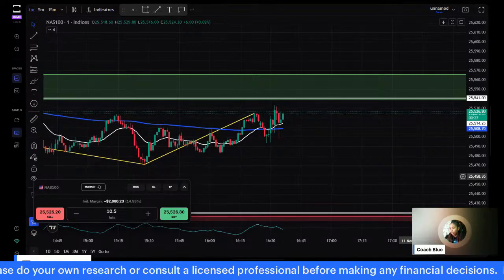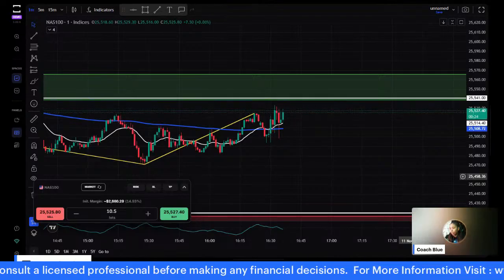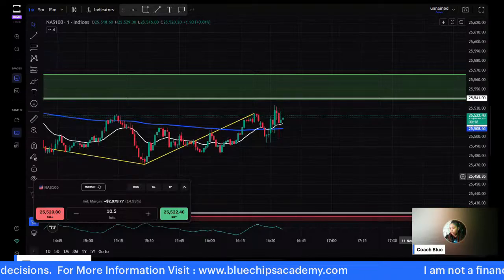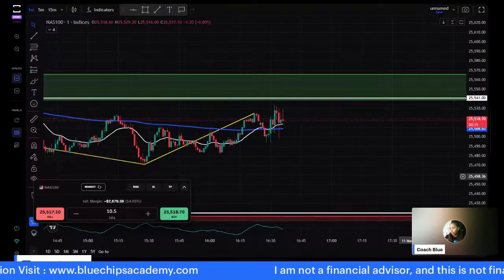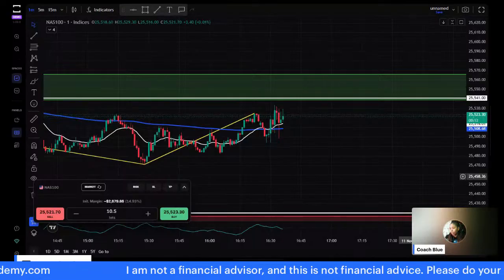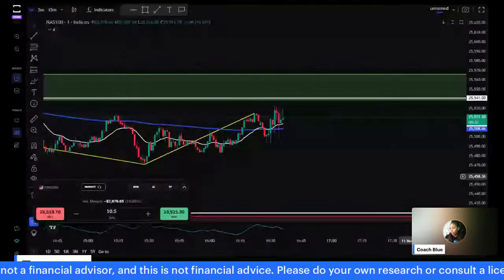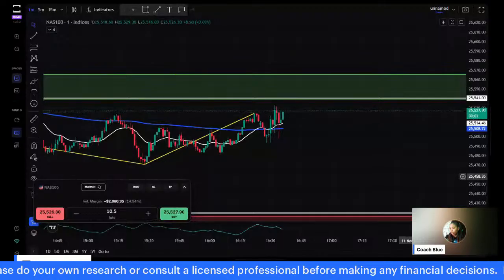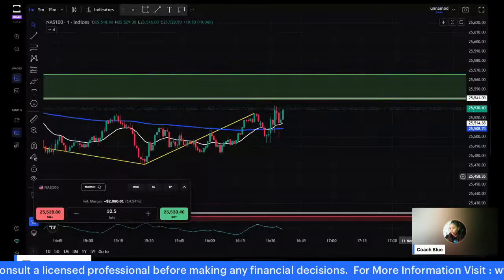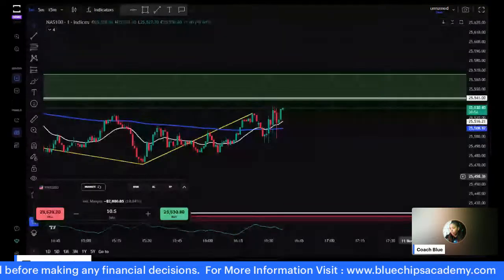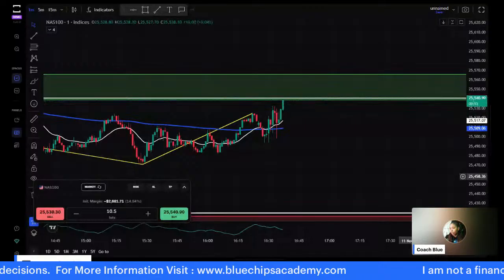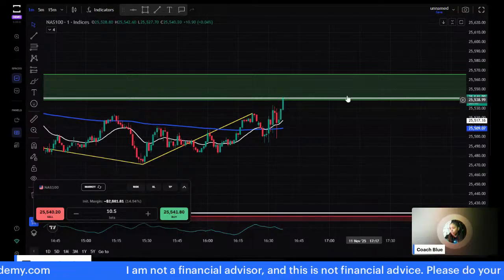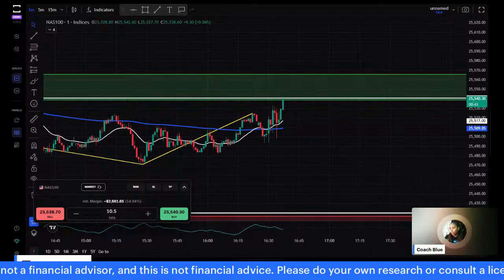Let's see these next couple of candles wake up. All right, here we go. We're getting closer to our area where we want to look for our possible entry.